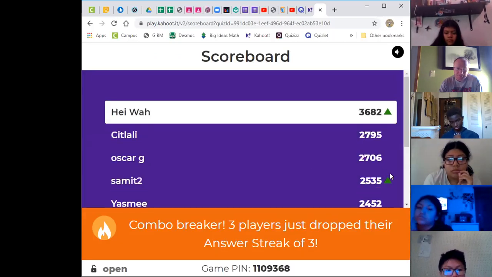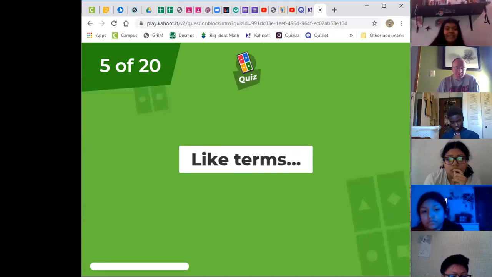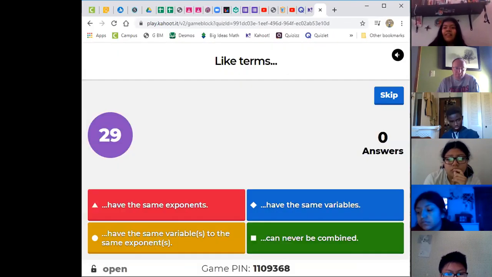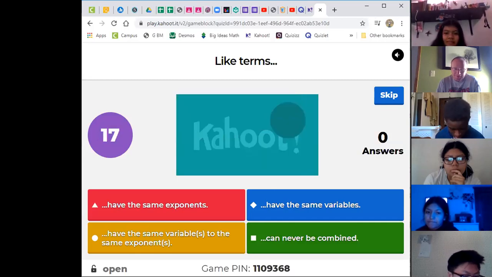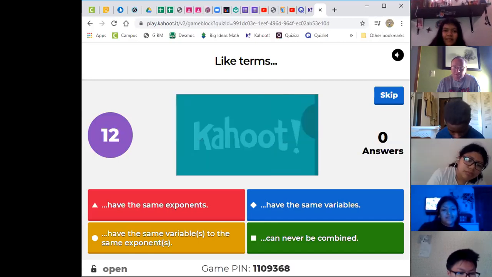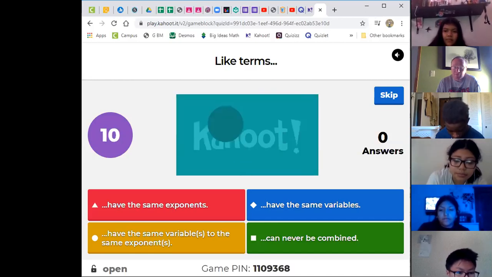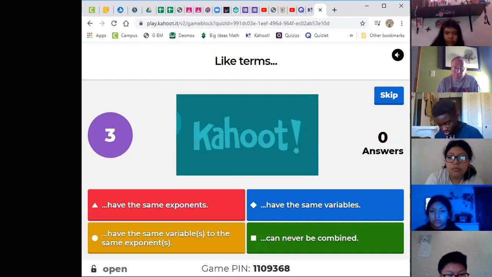Ooh, had some streaks get broken. It kicked me out. I don't know why. What's the pin? Okay, the pin's on the bottom. Can you see the pin down there? Yeah. 1109368. Mine's taking forever to load. You better be kicking people out.